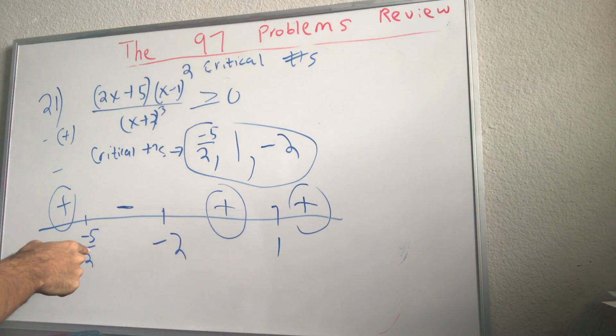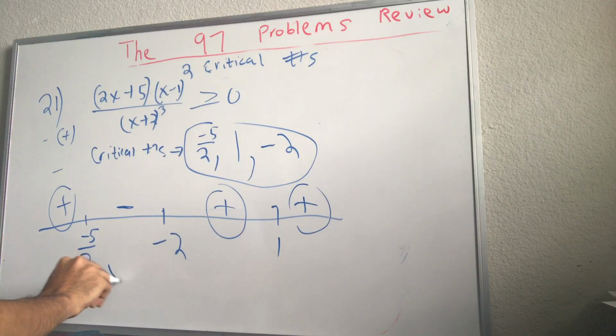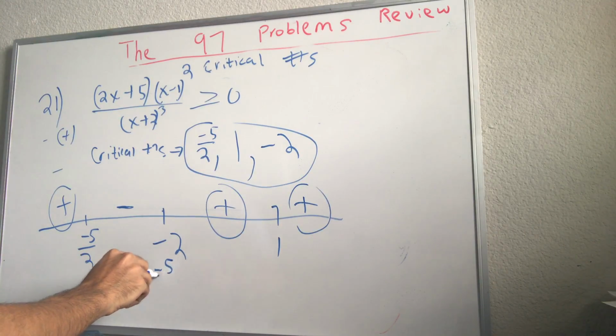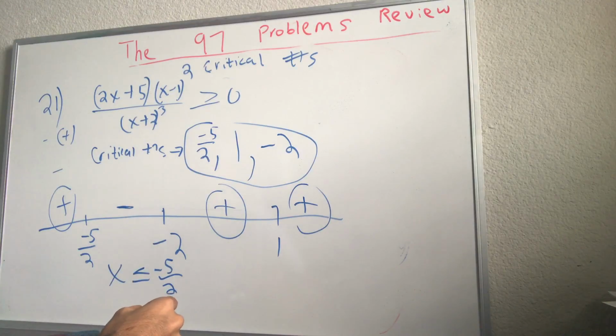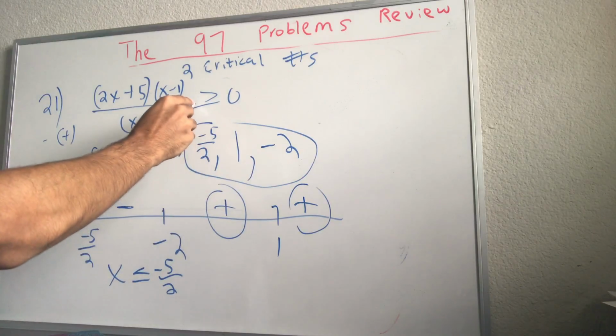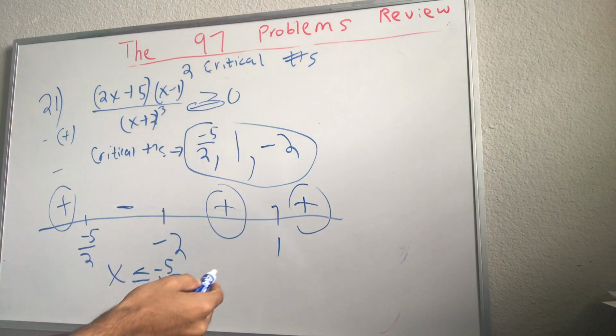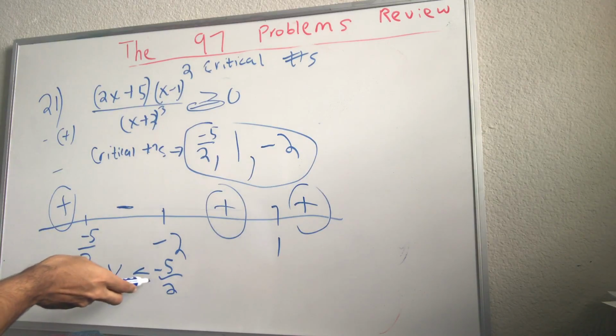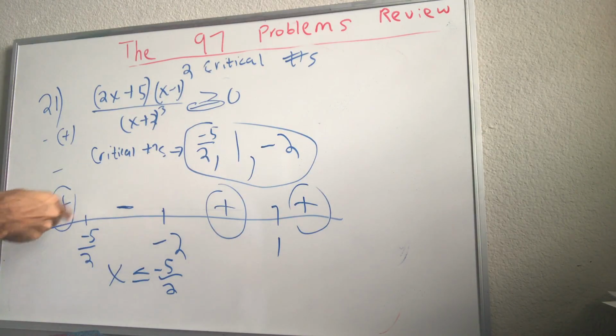So we have something like this, negative 5 over 2. So I would say x is less than or equal to negative 5 over 2, because if it's equal to negative 5 over 2, then you do get 0, and that makes sense because you have this sign over here. It can equal 0, or it can be greater than 0, and saying that x is less than negative 5 over 2 makes sense because we're getting positive values here.